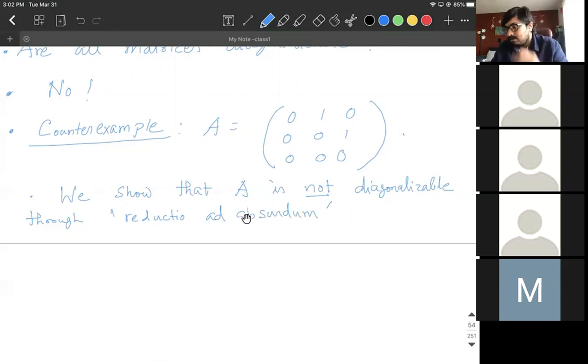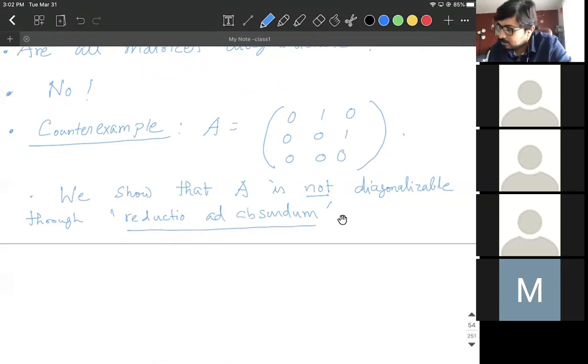So there is a statement, and we have done arguments like this: there is something which is universally true, and we will show that if A is diagonalizable, then that universal truth is not valid. So then A shouldn't be diagonalizable. That is the point.